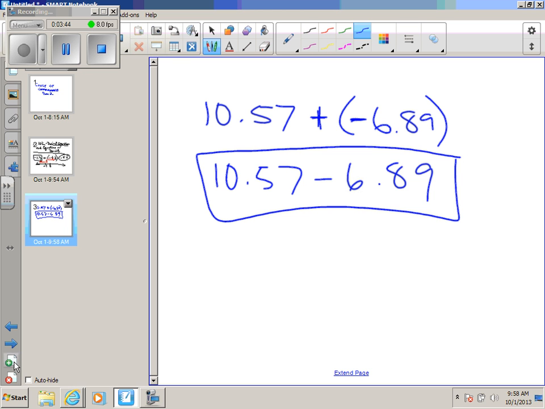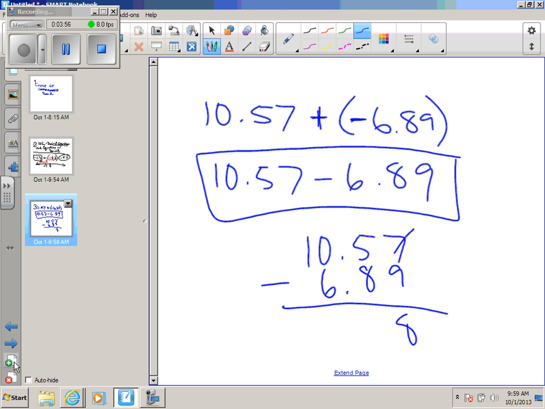So when I add and subtract with decimals, I need to make sure to do what? Line them up. So we should have 3 and 68 hundredths. Okay?